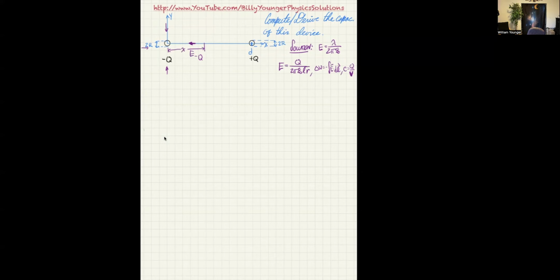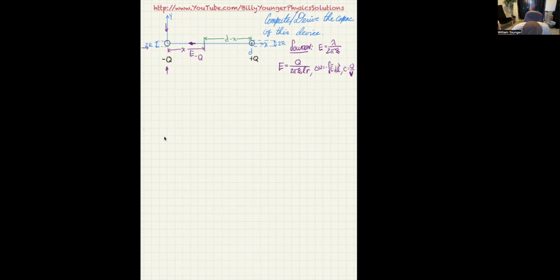The reason why I do that is because this formula for the electric field is in terms of R, and R is the distance from the center of the wire to the point at which we wish to know the electric field. So in the case of the positive charge, this distance is relevant if we wish to know the electric field here, and this distance would be listed as d minus x.